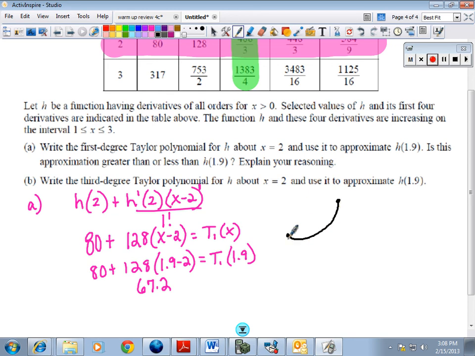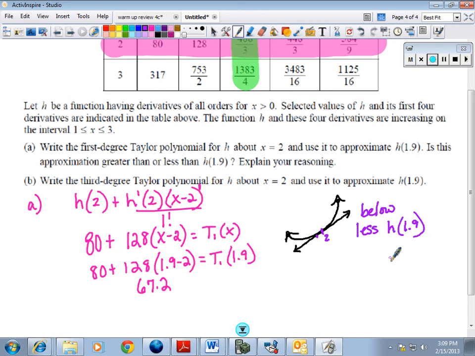Your graph is concave up at 2. So if it's concave up at 2, and you have your tangent line here, and you're looking at 1.9, is that going to be an under approximation or an over approximation? Well, because your tangent line is below your curve, it's going to be an under approximation, so it's going to be less than the true value at 1.9.